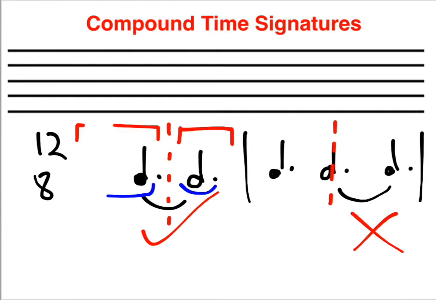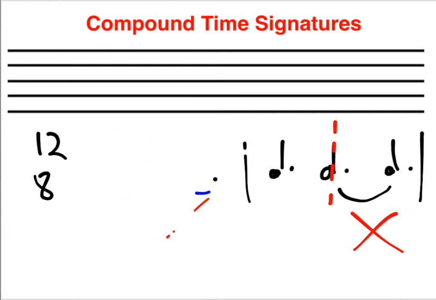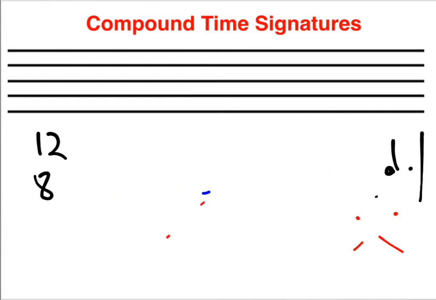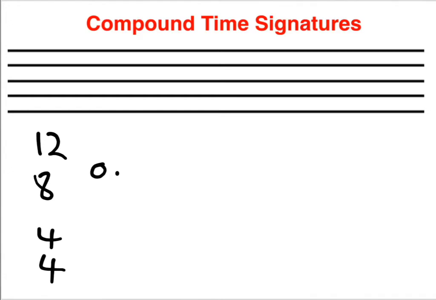It's not going to affect 9/8 either because 9/8 only has 3 beats per bar. So this is the only time this will happen, in 12/8, if you want to write a full 4 beat note. Well, the only thing you have to do is put in a dotted semibreve. So just like its 4/4 equivalent in simple time, 4/4, its 4 beat note is a semibreve, so in 12/8 it's a dotted semibreve.